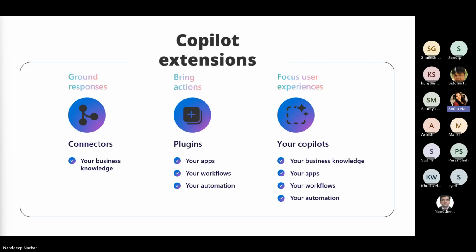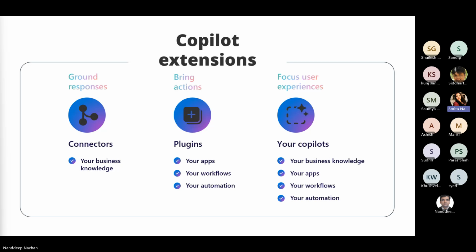internal applications, established workflows, and the automated tasks. Let's say one example use case over here. A manufacturing company could deploy a custom copilot for floor managers which has access to machine maintenance logs, inventory levels, as well as the order statuses. So this copilot would assist in real-time decision making and streamline operations.